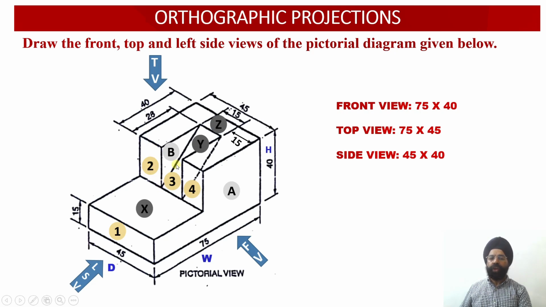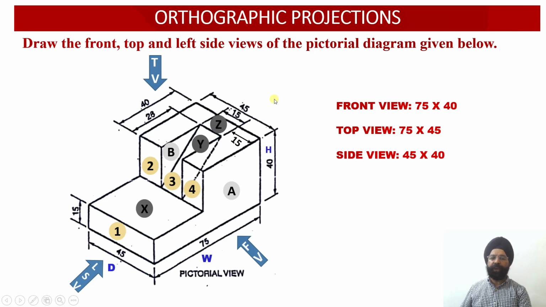So even though this is a slant surface, it will appear as a shorter apparent shape onto the profile plane while we draw the side view projection. So surface 3 will appear as an apparent shape onto the profile plane.